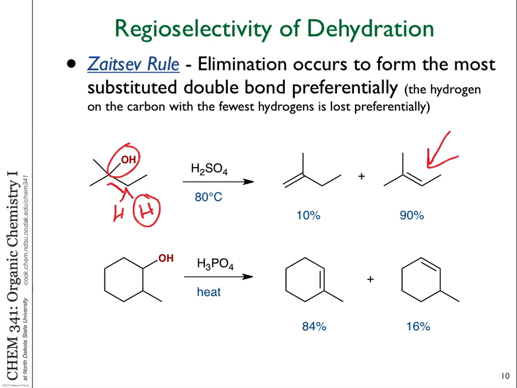And so you hear me talk about this regioselectivity. It is how selective a reaction is for forming one product over the other. Selectivity in forming double bonds by elimination reactions generally follows the concept of forming the most stable double bond preferentially.